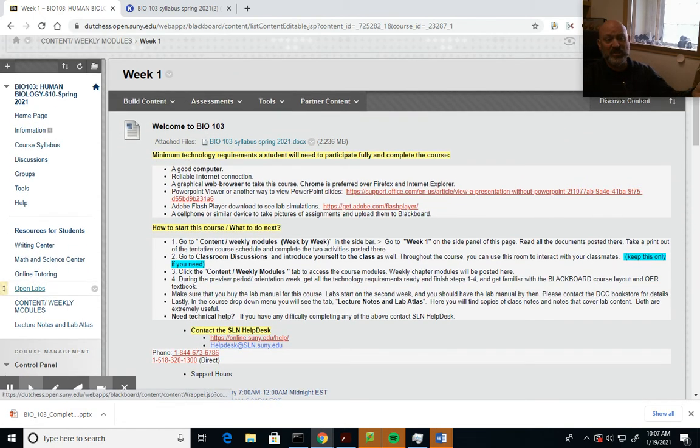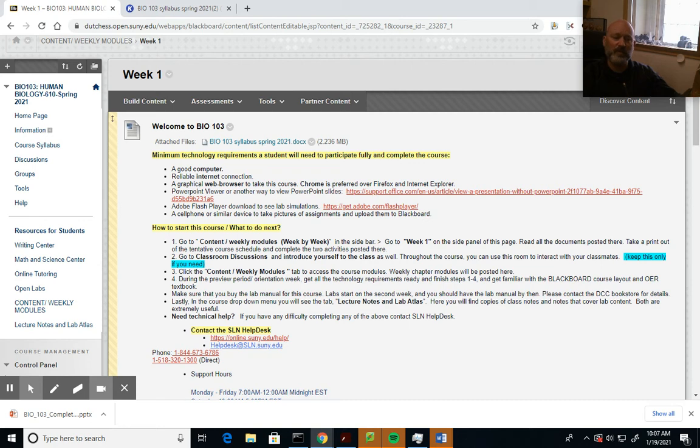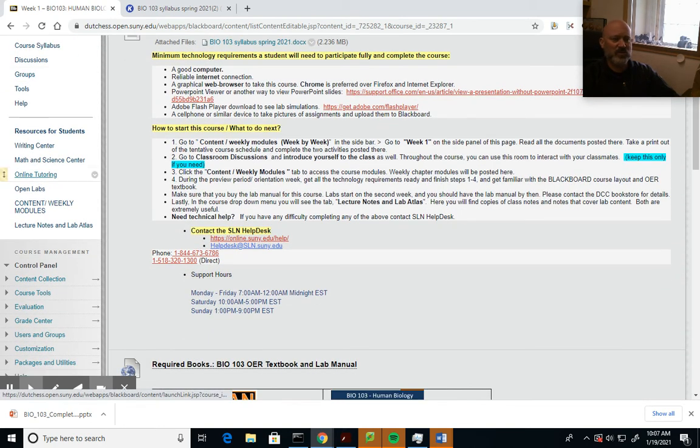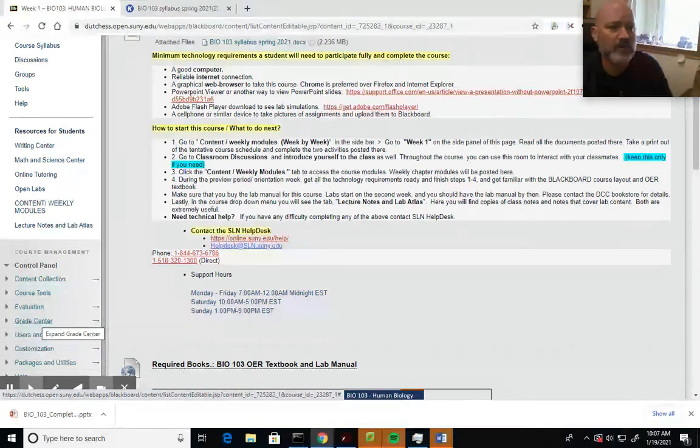Because this is a teacher view, your view might be a little bit different. I'm not really sure where your grades will be, but my grades are in the grade center down here. I don't know if you have that tab on yours. But there is a way for you to see all your grades.